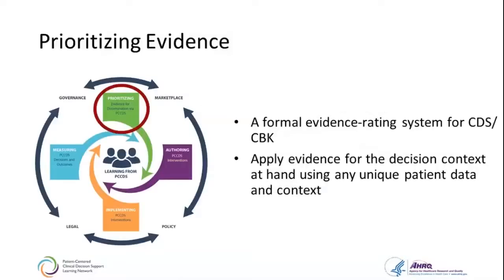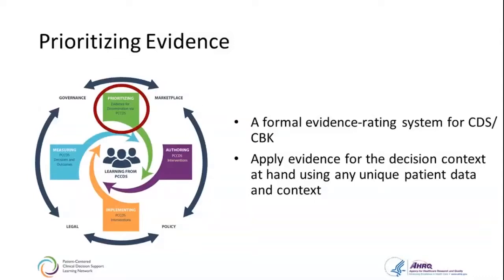Just to discuss where we've gone since then. So in applying the recommendations back to the AFA, which looks at how to prioritize evidence, author, implement, and measure the effects of evidence within clinical decision support, we had some general thoughts around the ways in which these could be carried out.